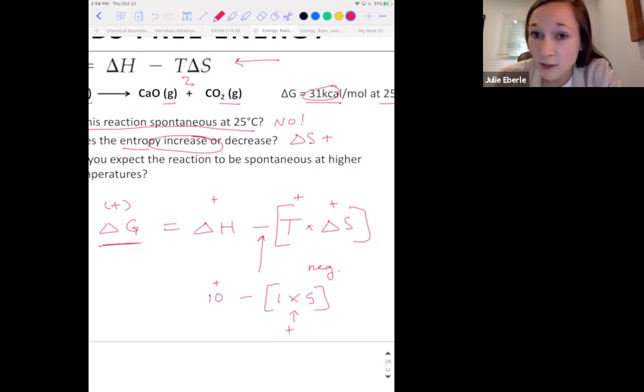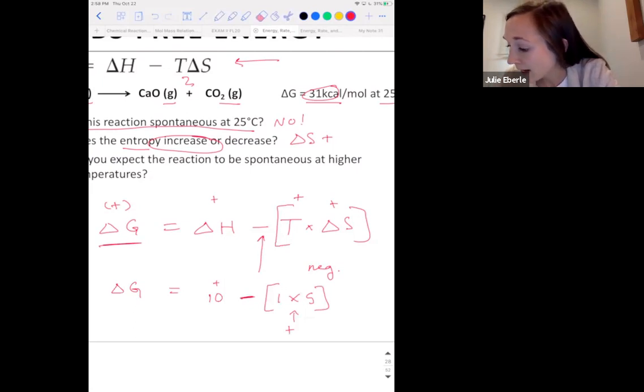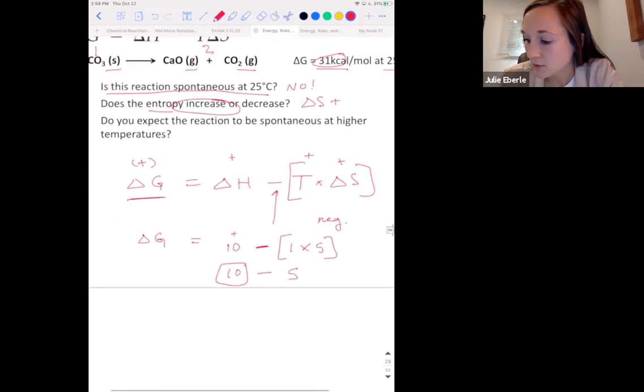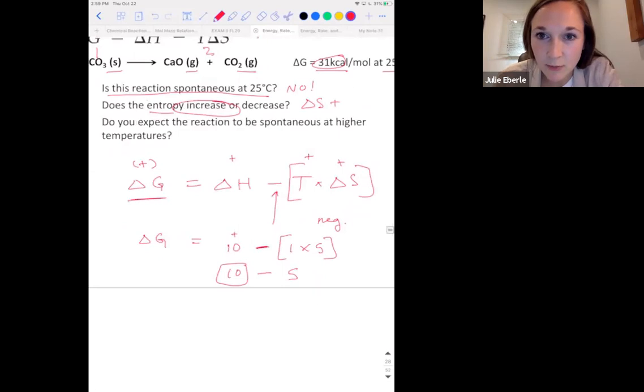That's like saying 10 minus 5. We only get a positive number on the outcome if this number right here, our delta H, is a larger positive number. It's the only way you get a positive answer. Hopefully I haven't lost you, but all I'm trying to say is delta H is positive here.